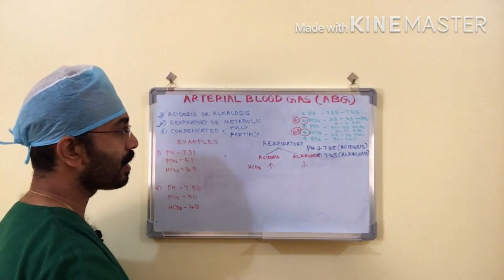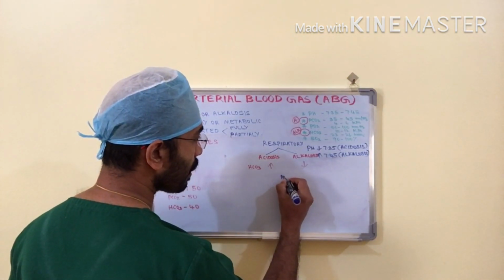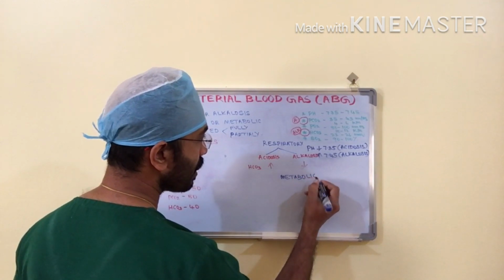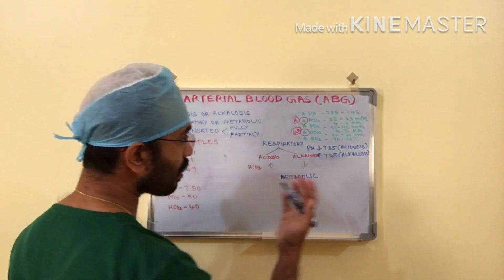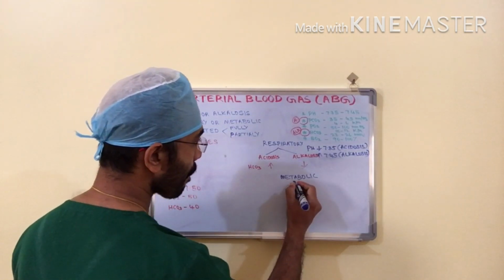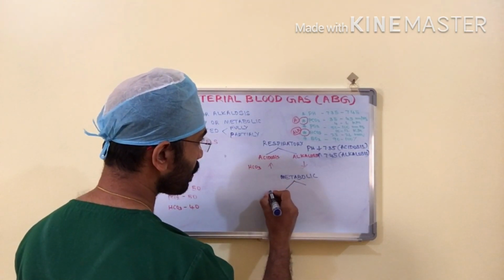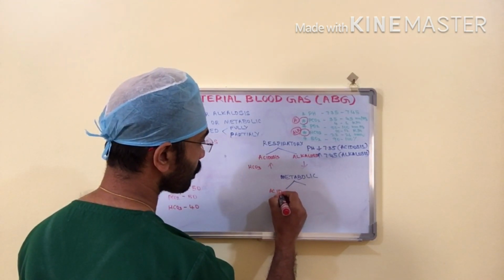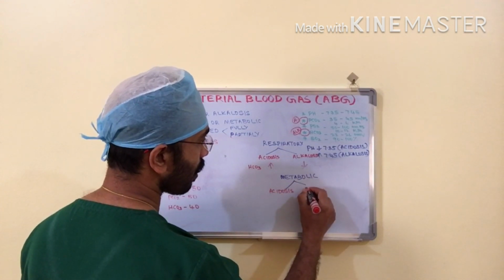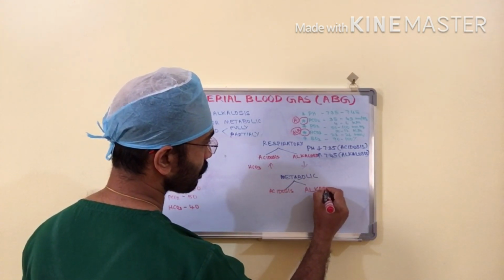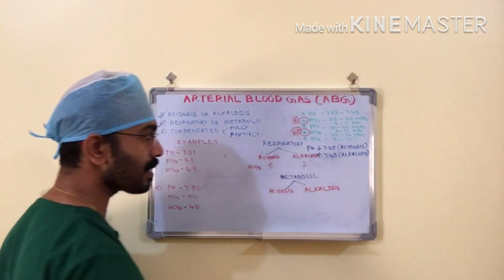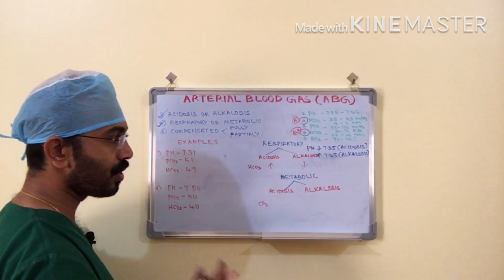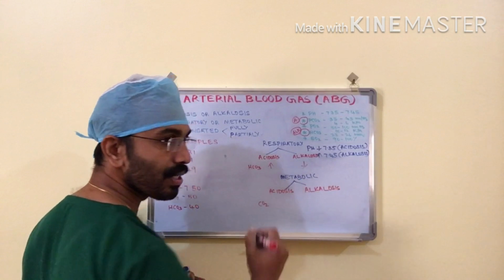In the same step, if any patient is coming with a metabolic state, for example, severe vomiting, diarrhea and the like, all those cases we can divide as metabolic acidosis or alkalosis. In this situation, our body will regulate the carbon dioxide, CO2, to bring the pH to the normal value.